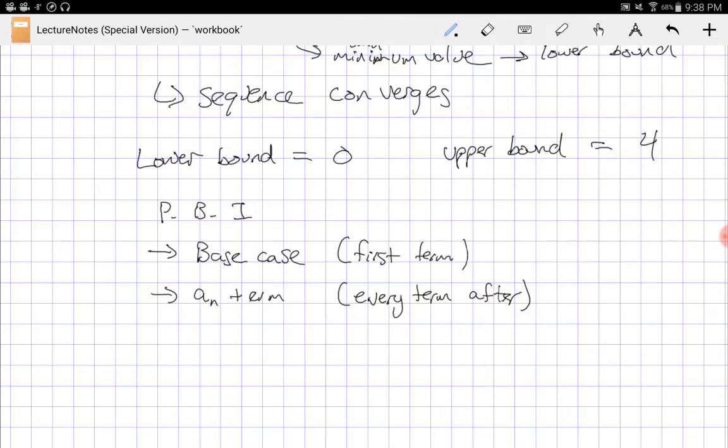Because if something is true for the first term, and it's true for the next term, and the term after that, and the terms after that to an infinite number of terms, then it should be true for all terms.